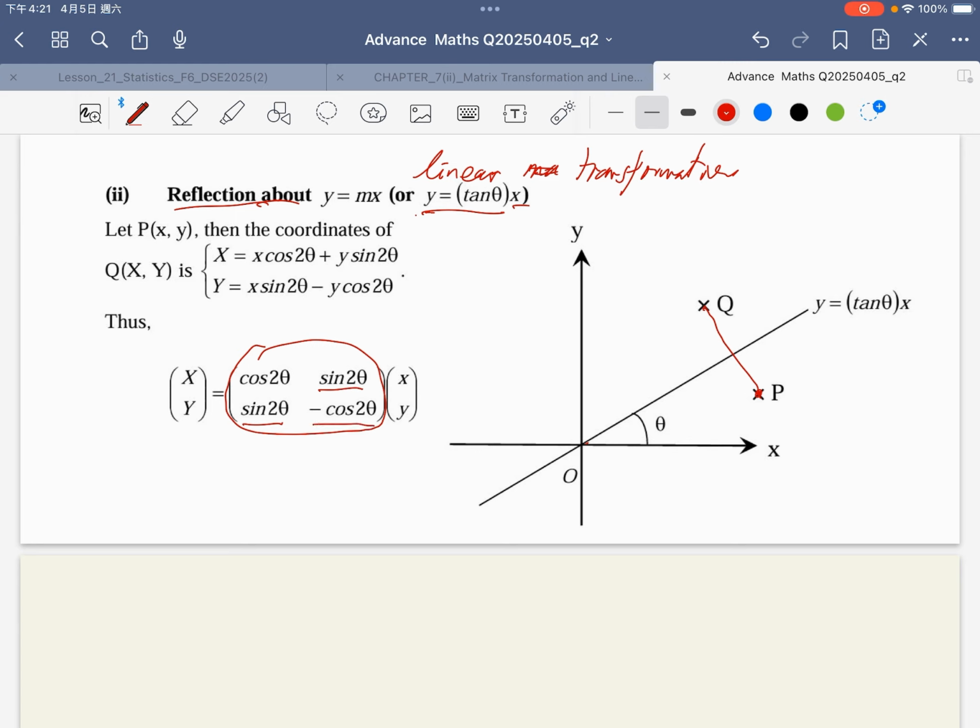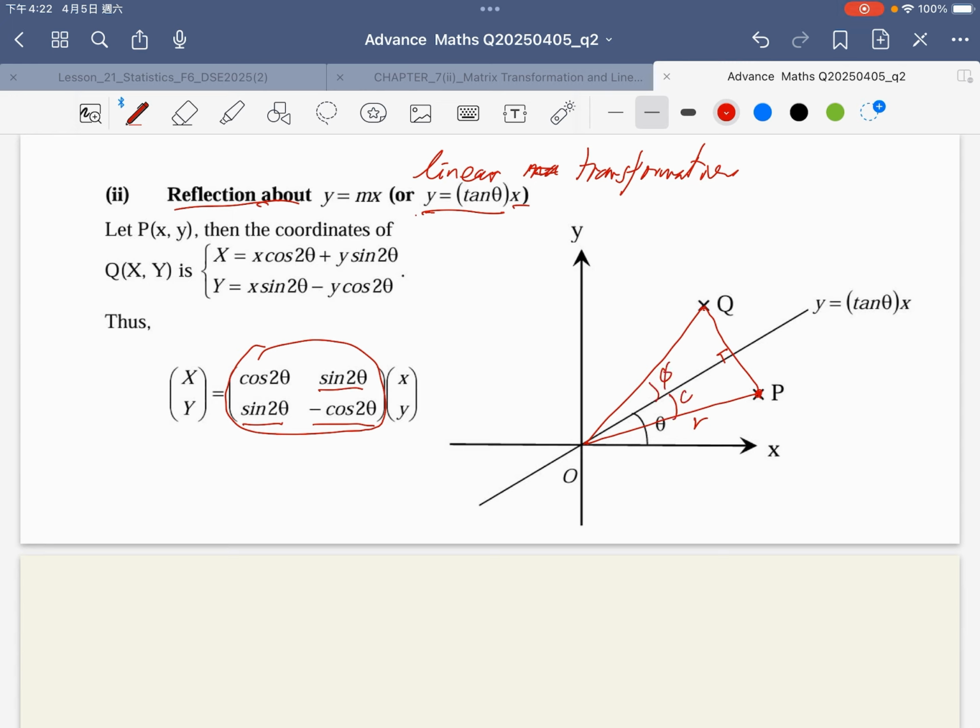How to prove this? We first observe that if this one is R, after reflection the length is invariant, because this is a right angle and these angles are equal.